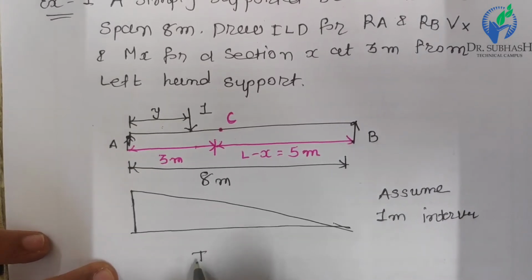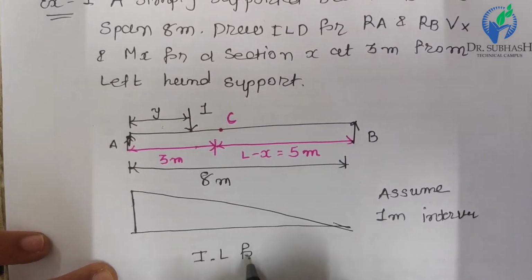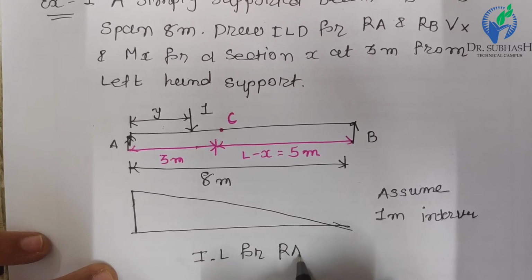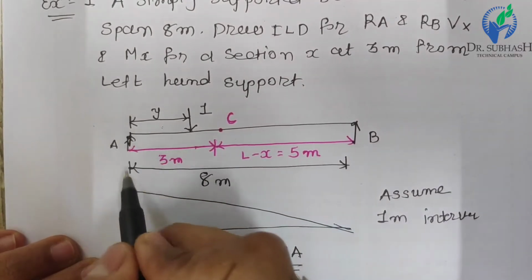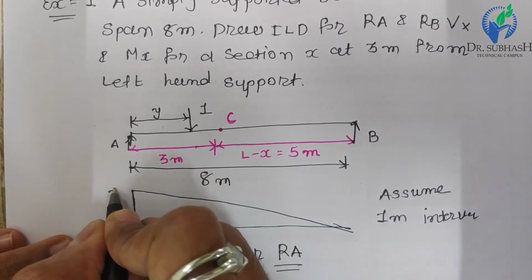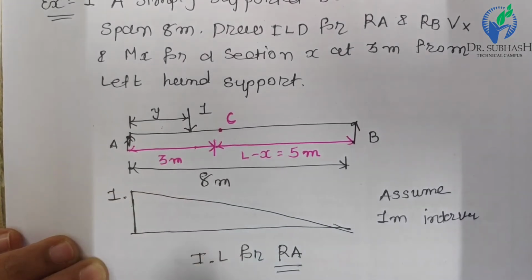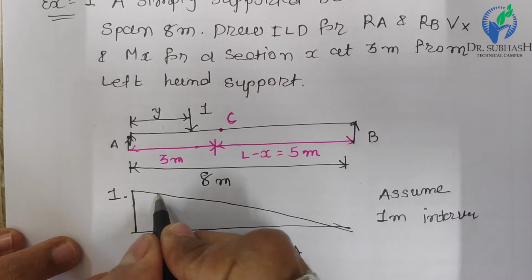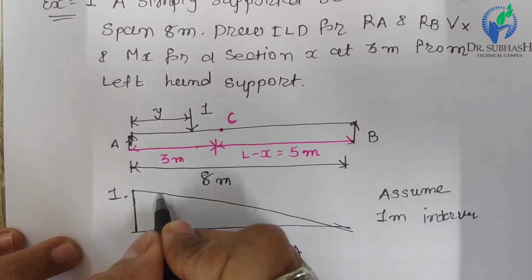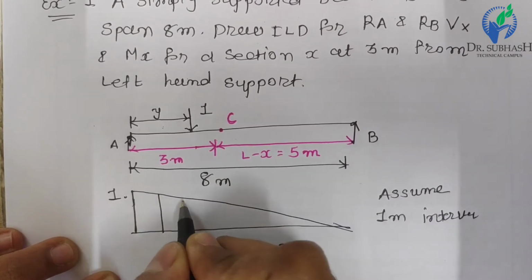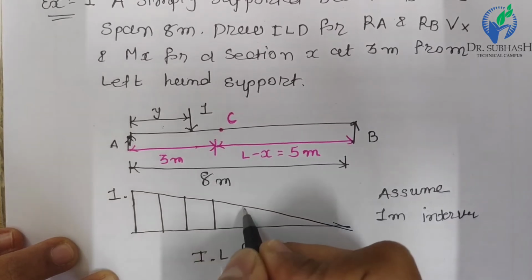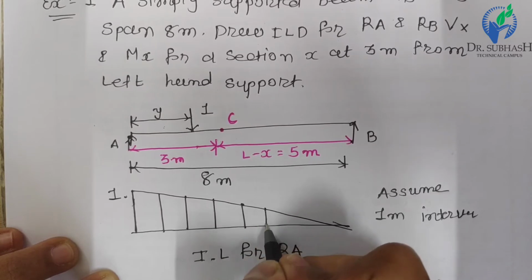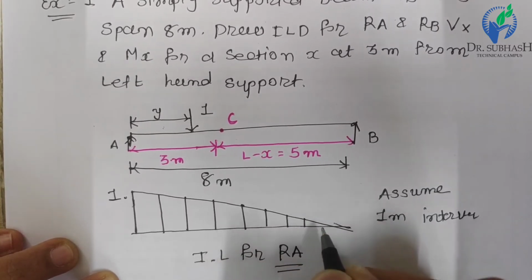So first we draw the influence line for the reaction at A. When the unit load is moved to support A, what should the reaction be? It should be 1. Now we divide the beam into 8 parts because we take a 1 meter interval: 1, 2, 3, 4, 5, 6, 7 and 8.